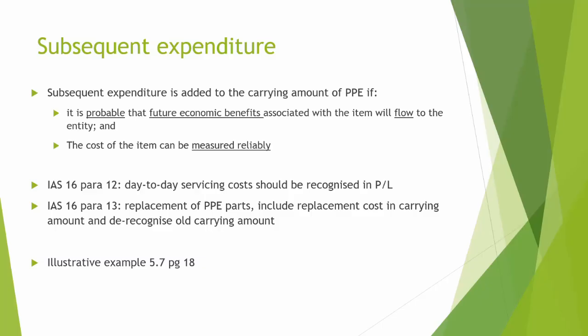So this is when we've actually spent this money. We can then add it to the carrying amount of property, plant, and equipment if that recognition criteria from property, plant, and equipment that we looked at in part 1 is met, which is that it's probable that future economic benefits associated with that particular expenditure will flow to the entity.